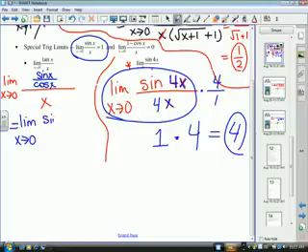Multiply by the reciprocal. All right, that sounds like a plan. I'll buy that. Now what?